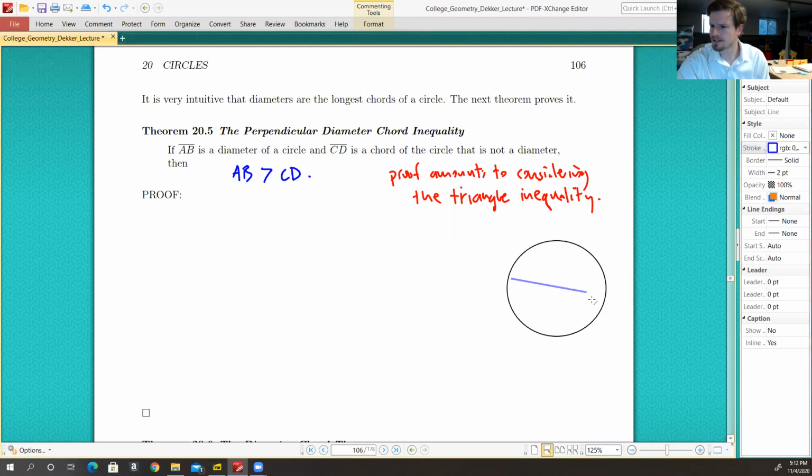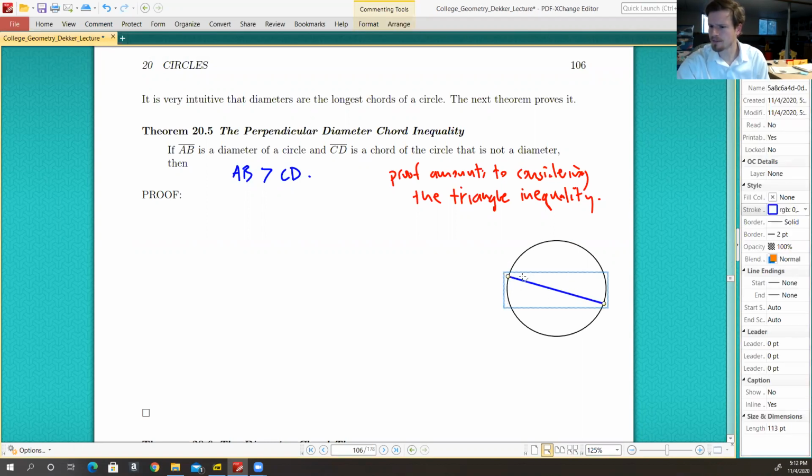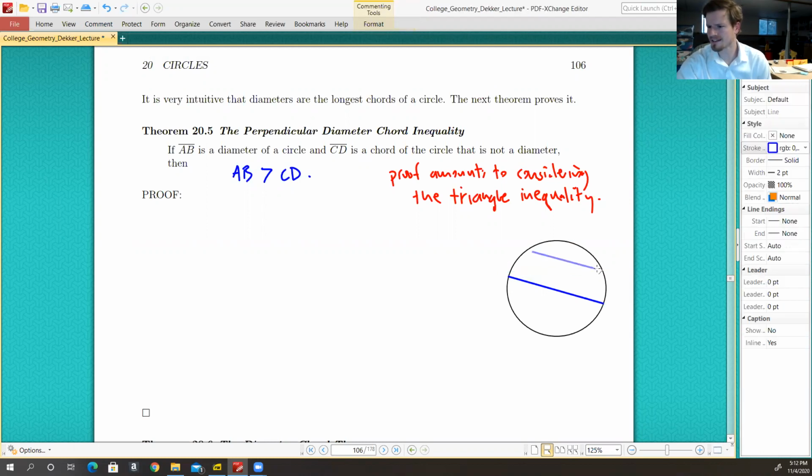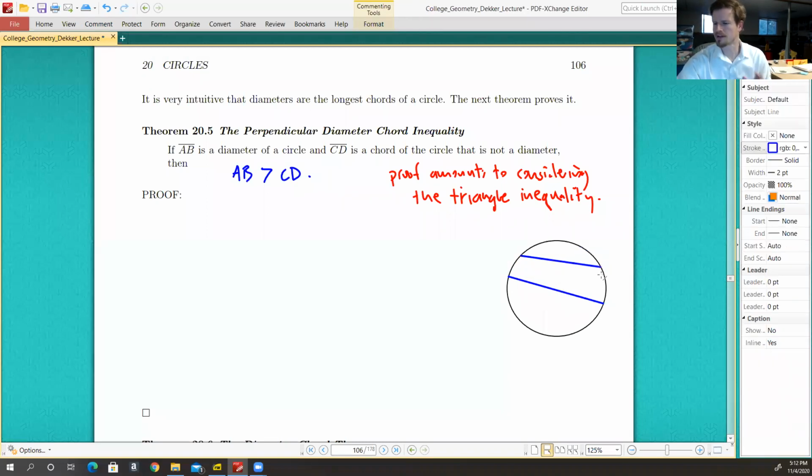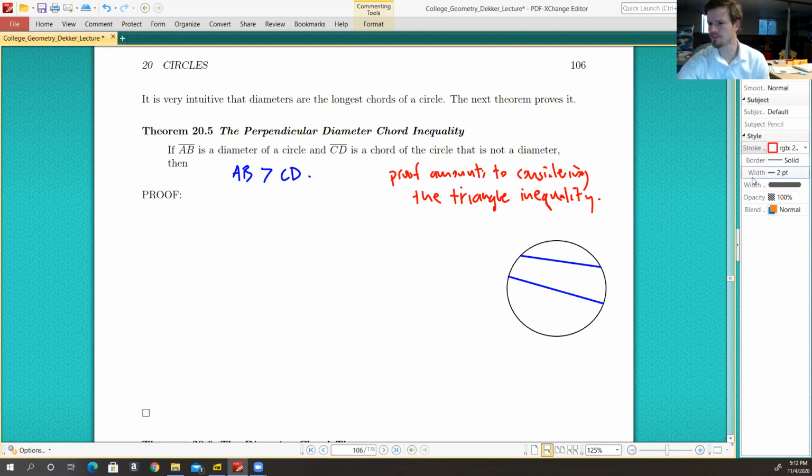Let's make one of them a diameter and one of them not a diameter. Okay, 2 chords. One of them is a diameter, the other one is not. They don't have to be parallel to one another. That's not what we're saying at all. We're just having them not intersect for convenience, to make it easier to visualize what's going on here.